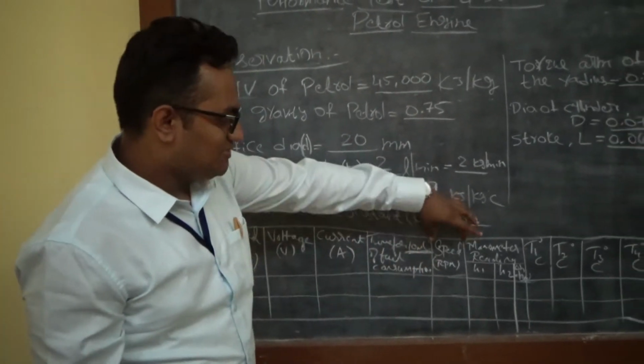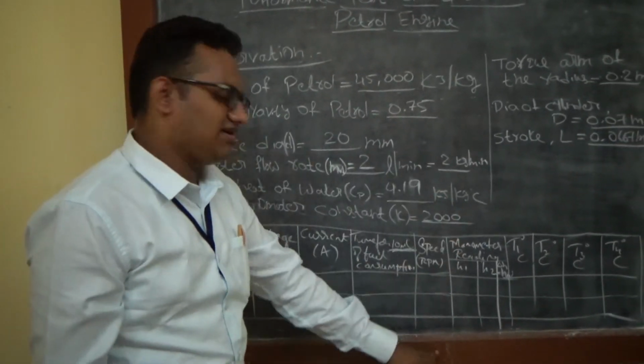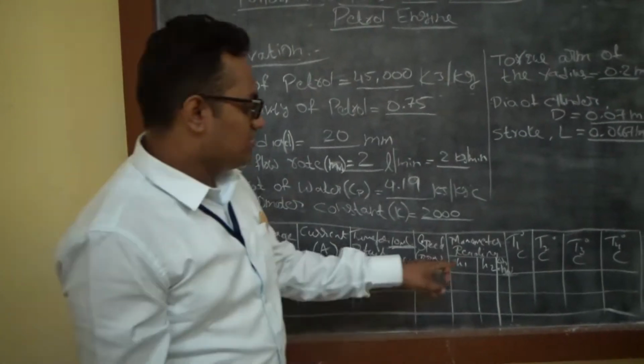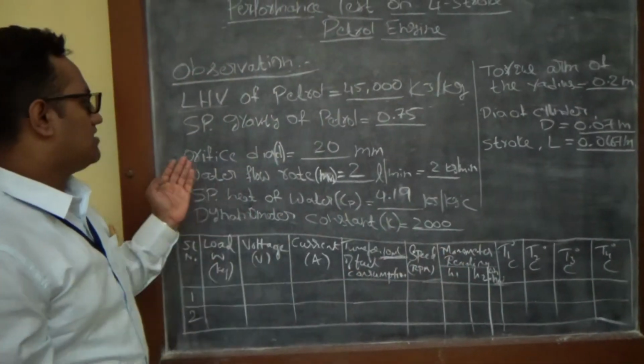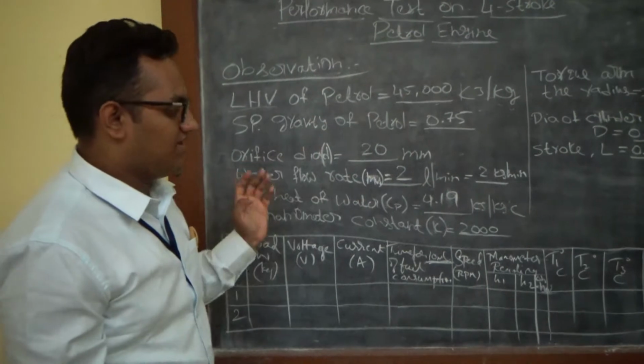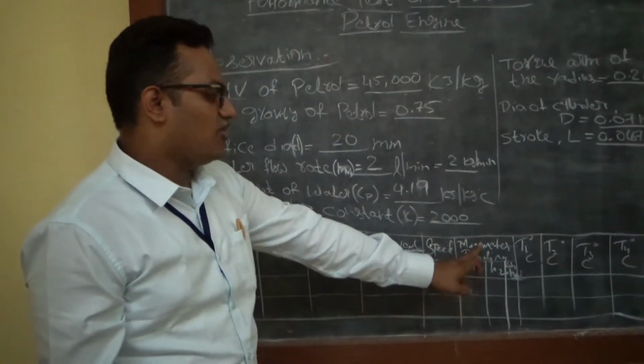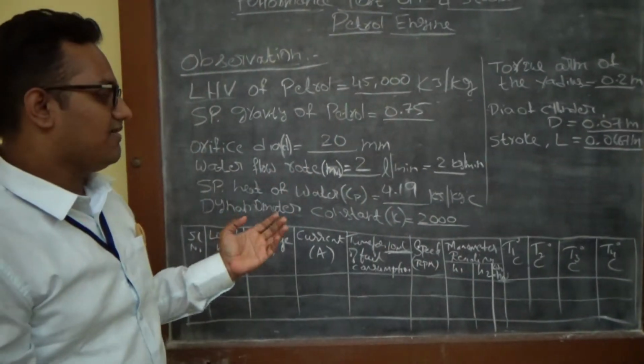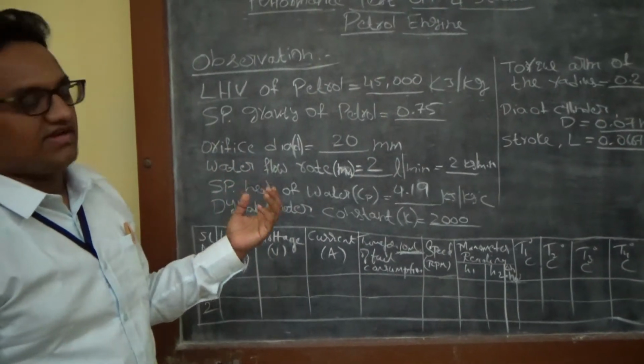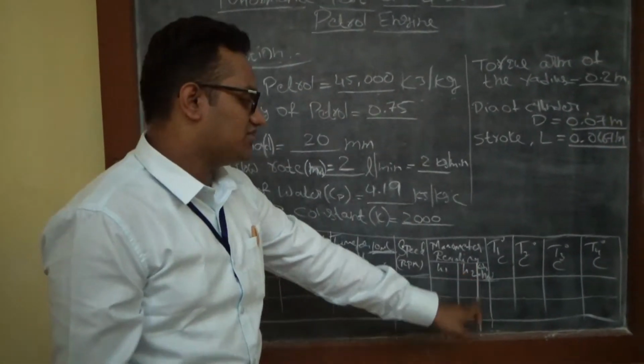Following this, the speed of the engine has to be tabulated. As I said, the orifice diameter we have here. We are using the manometer between the orifice, where we have H1 and H2.